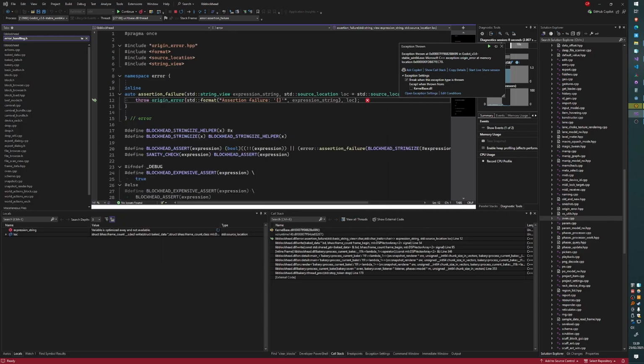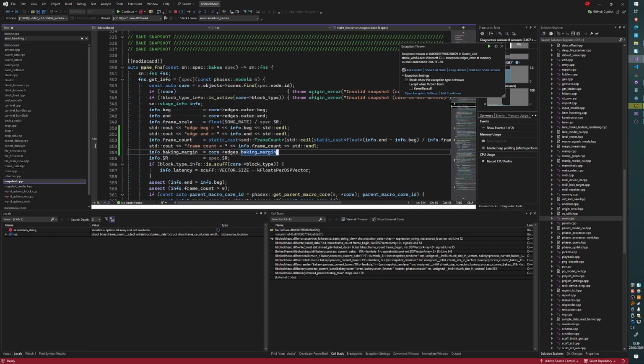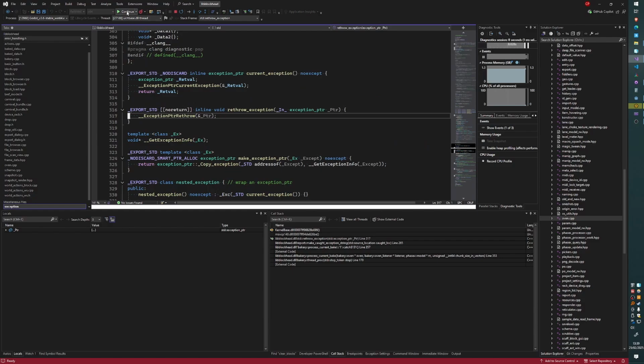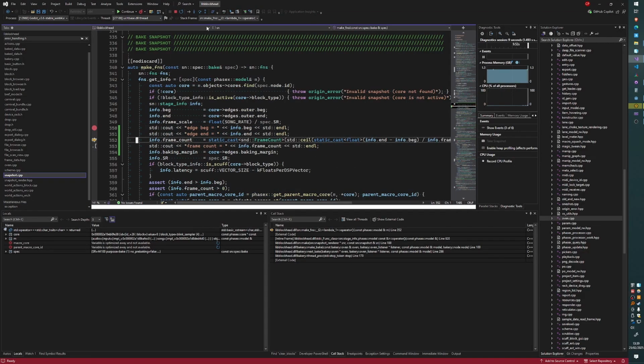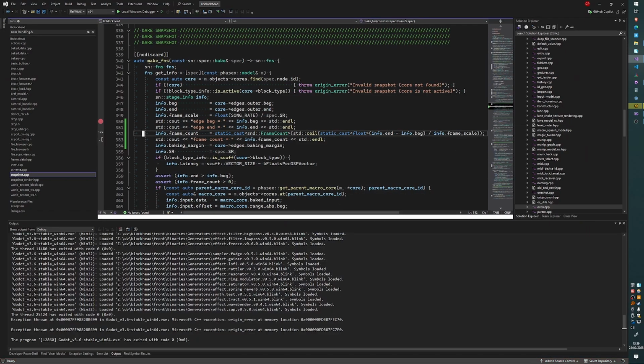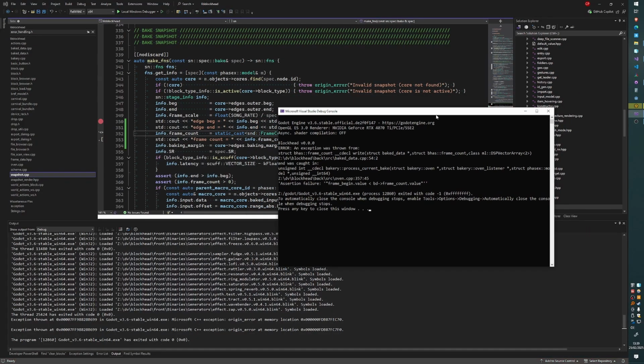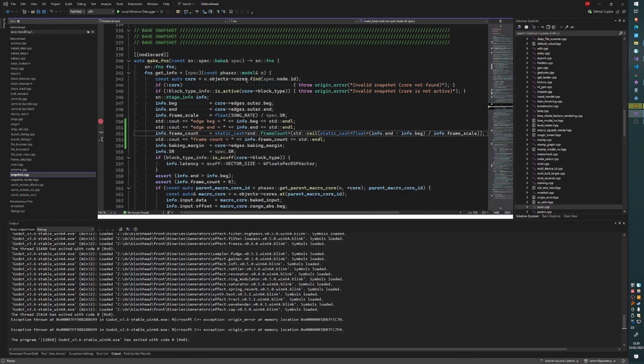Do you not print in release mode? What? It doesn't print. It doesn't print in release mode. Okay.